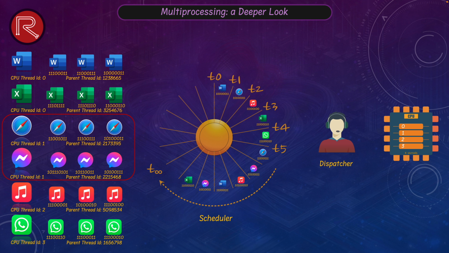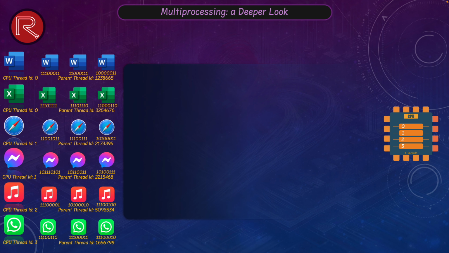So the question you may ask here, how is it possible for multiple processes to share a single thread in the CPU? The answer to this question lies within the methodology of multiprocessing. Let's remember what multiprocessing does. In multiprocessing, processes never share the same memory and cannot open direct communication with each other.